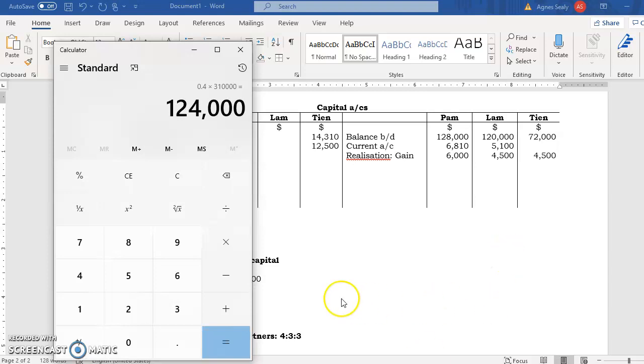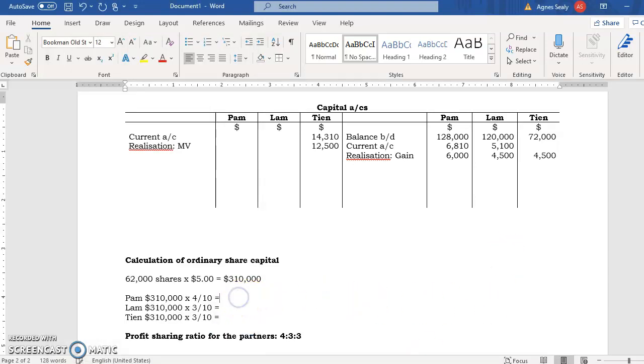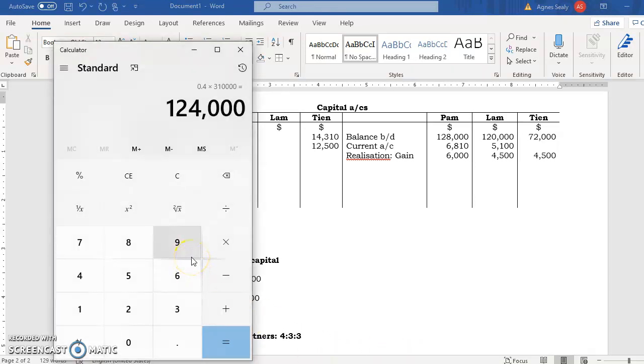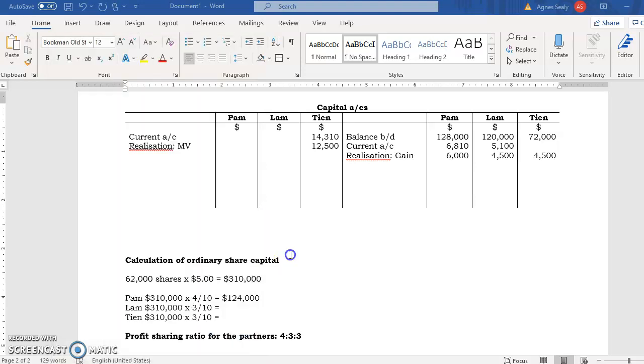It is $124,000 for Pam, so that's her share capital. For Lam it is $93,000. And since Tien is the same ratio as Lam, that will also be $93,000.